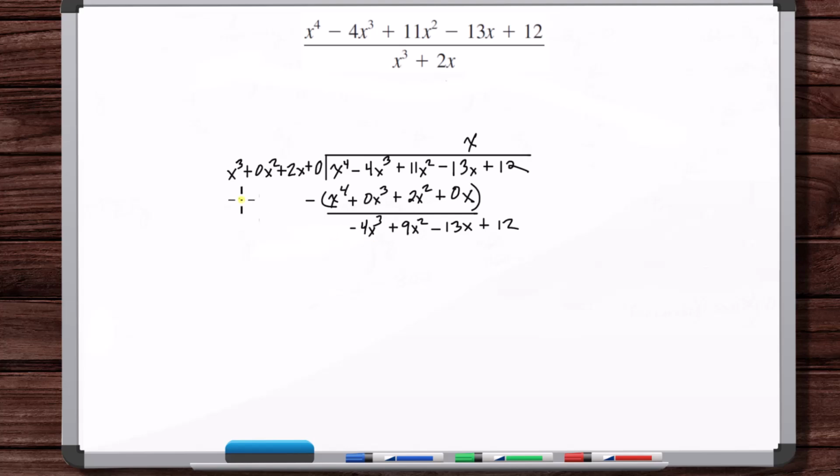Okay, minus 4x cubed divided by x cubed is minus 4. Multiply minus 4 times the divisor. Subtract these two expressions.